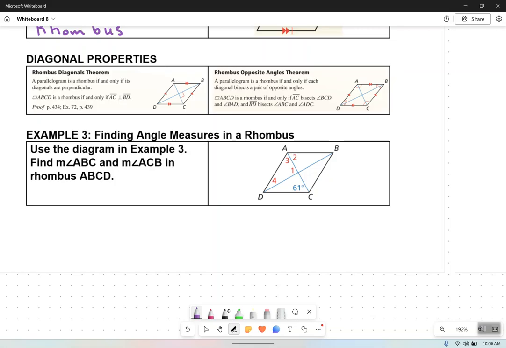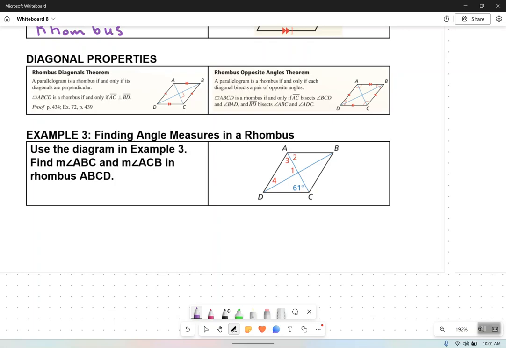All right, and then it also talks about the rhombus opposite angle theorem. The opposite angle theorem says this: a parallelogram is a rhombus if and only if each diagonal bisects a pair of opposite angles. Okay. So this diagonal right here, do you see these two arc marks up here at angle B? That tells us that this top angle up here is equal to this bottom angle. Guys, how about down here at C? Are those two angles equal? If the angles that are opposite of each other get bisected or cut in half, then it's also a rhombus.